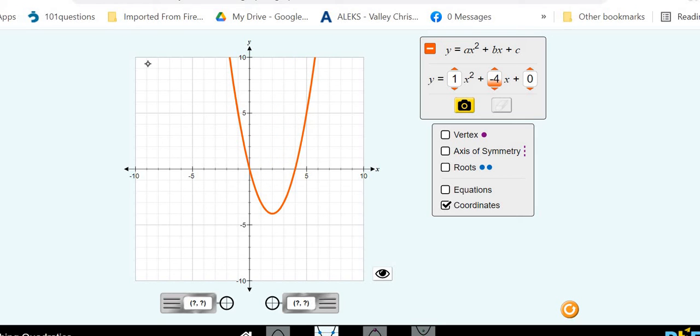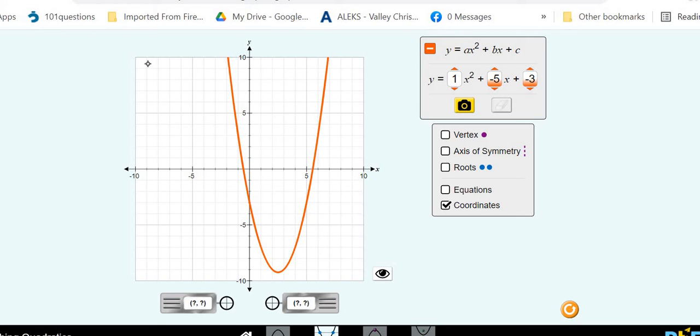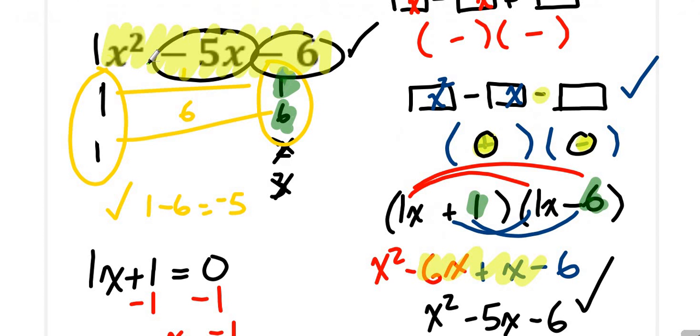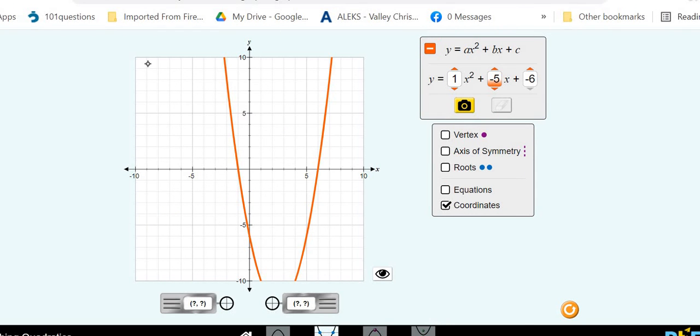So we have to go downwards. Minus 6. Now, taking a very close look at that graph, notice, 6. Got it. Looking very carefully here, that's x squared, technically plus negative 5, which is minus 5x minus 6. It matches. See that? It matches.